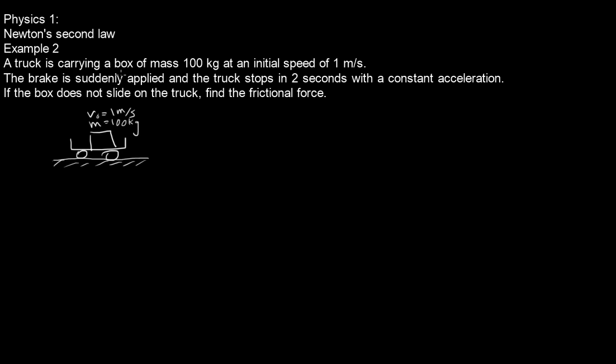The brake is suddenly applied and the truck stops in 2 seconds with a constant acceleration. So it's telling us that the truck has a constant acceleration after the brake.